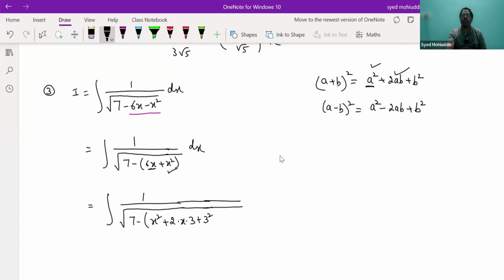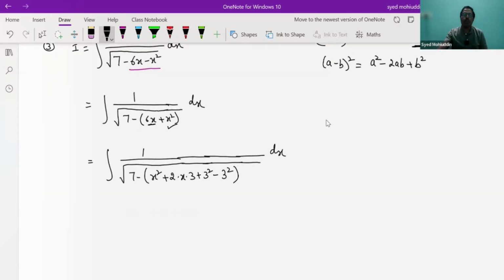So 2ab is over. Then how to write b²? b is 3 over here, so b² will give you 3². But this 3² is not there in the previous step. This is the additional step that you have written. Therefore, you need to subtract that one. Add and subtract that 3², so that it will not change the original value. So close the bracket now, times dx as it is.